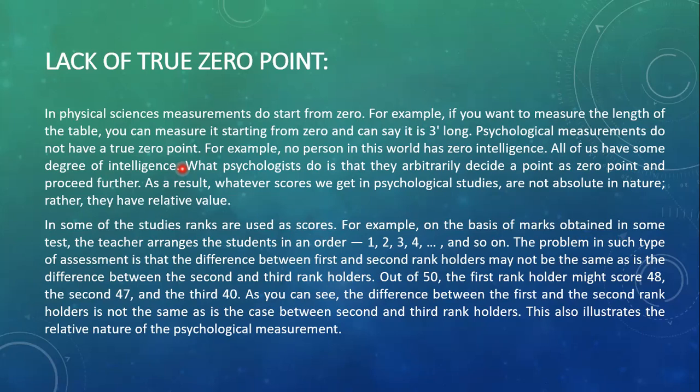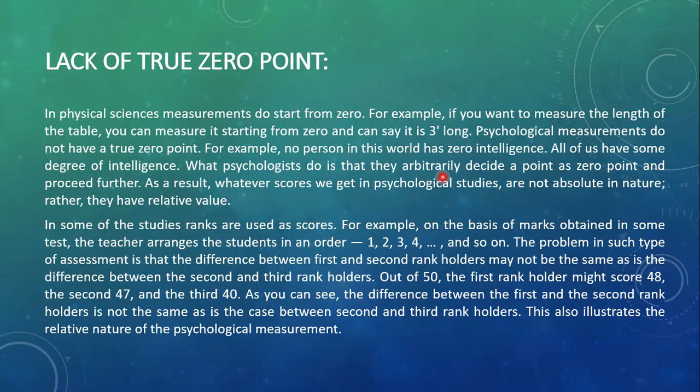Now, what psychologists do is that they arbitrarily decide a point as the 0 point and proceed further. Say, for example, they put a standard, like a human being has a general intelligence of 75, a normal person, not about disability or special ability.